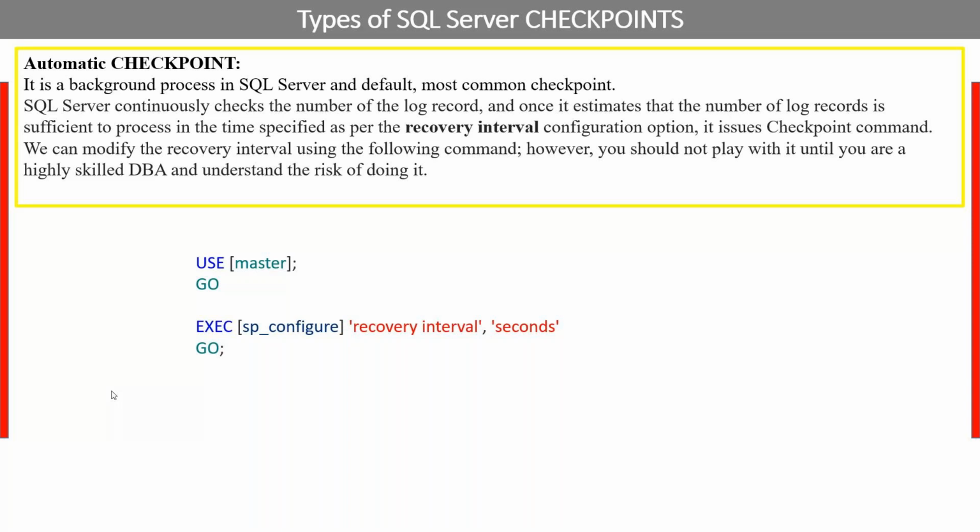So checkpoint is continuously checking the cache. If it estimates, okay, this is the right time to trigger the checkpoint. To understand better, for example, take 100%.